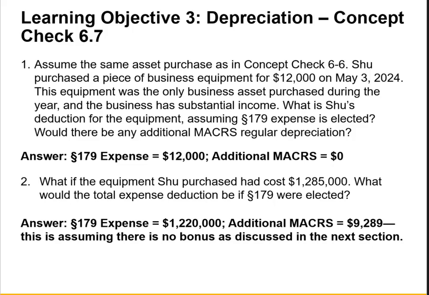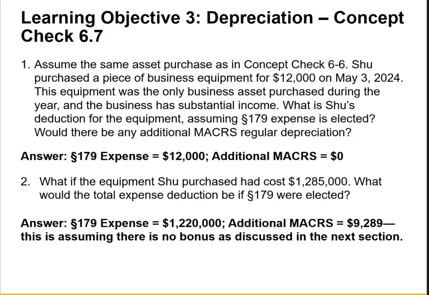However, what if the total equipment you purchased had cost $1,285,000? Now you run up against the limit on Section 179 expense, which is $1,220,000.